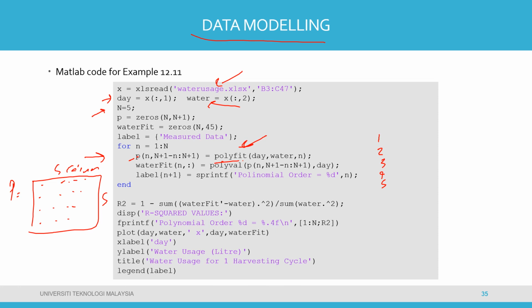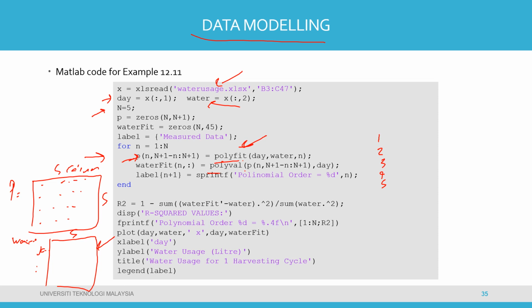And then this one is polyval. For this case, you analyze the result with this. So water fit will be something like this. You have 5 and then you have D, something like this.